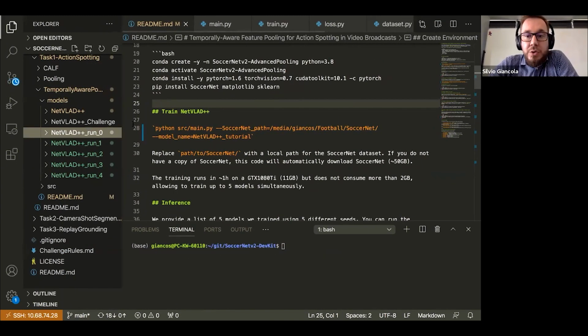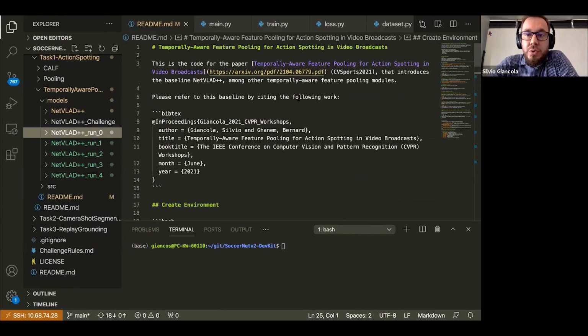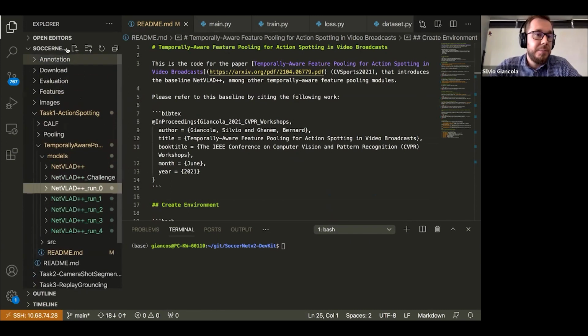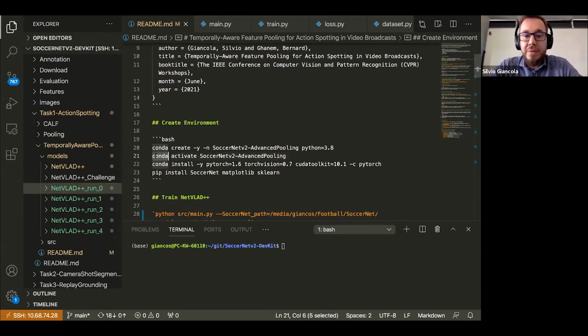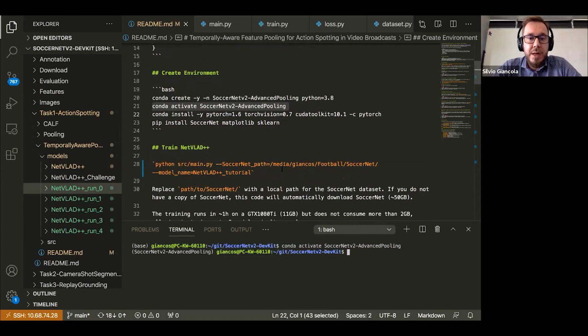This is VS Code. You might be using the same user interface to code your software or your project. And this is exactly the SoccerNet DevKit, the task one and the temporally aware pooling approach for action spotting. I already have created my environment, so everything I need is this in my terminal to activate that specific environment.